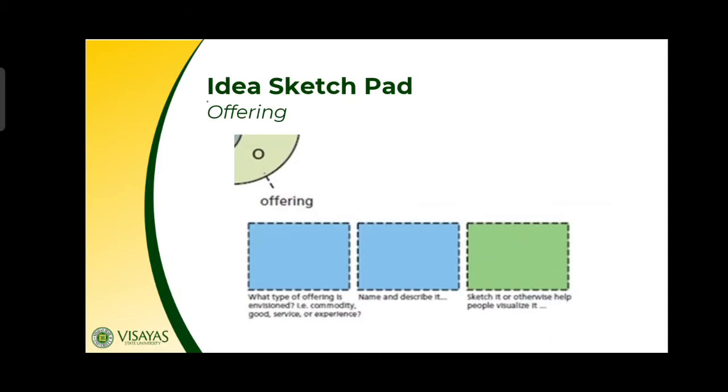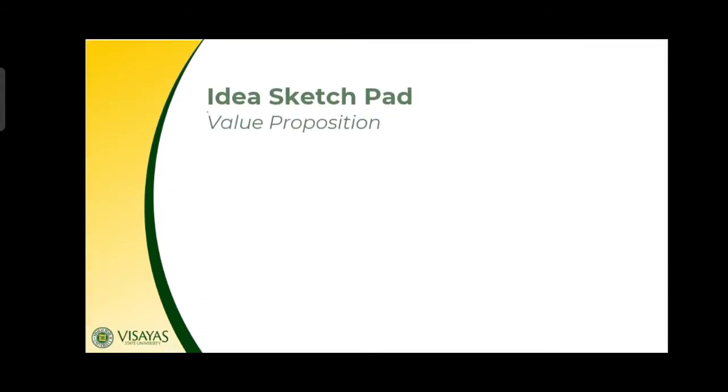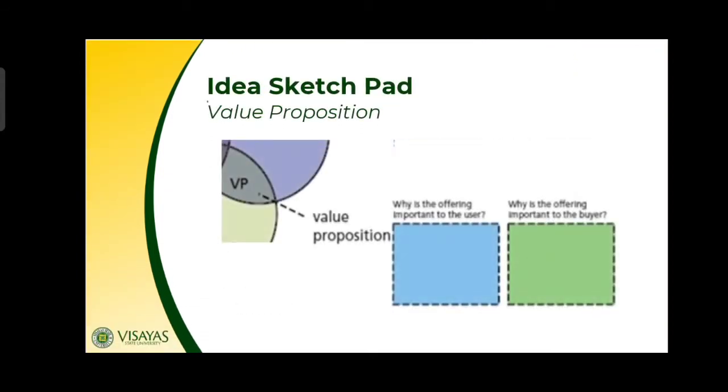And for the value proposition, you explain why your product or services will be important to the customers. Why will they buy this product or service? What is your value proposition? What are these goods and services proposing? What are the values that you offer? Why would your offering be valuable to the users or buyers?